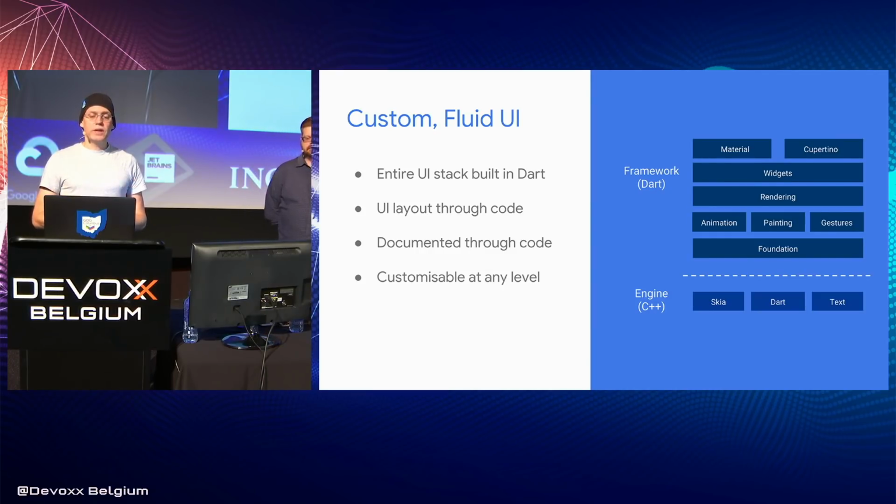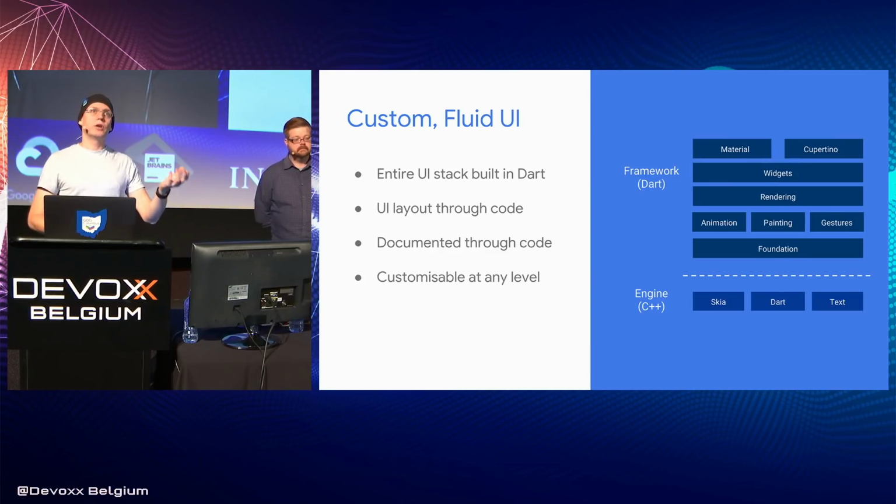The important thing here, though, is that because it's implemented in Dart and because all the source code is available to you before compilation, you can actually read the full source code for how we build every single widget on the platform. And you can dive into any level and you can start to customize. So you can go, I want to use a material design app bar, I want to use an iOS text field, and you can do that because we have material and what we call Cupertino widgets, which are UI components for those.